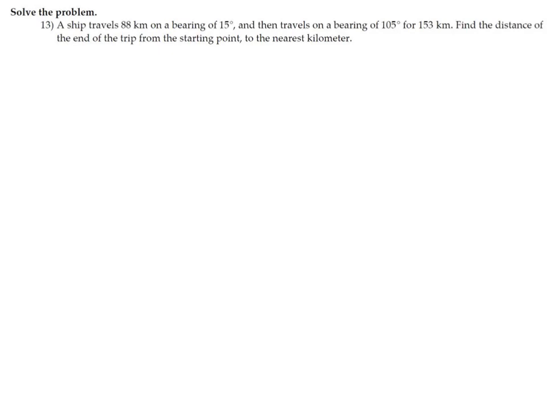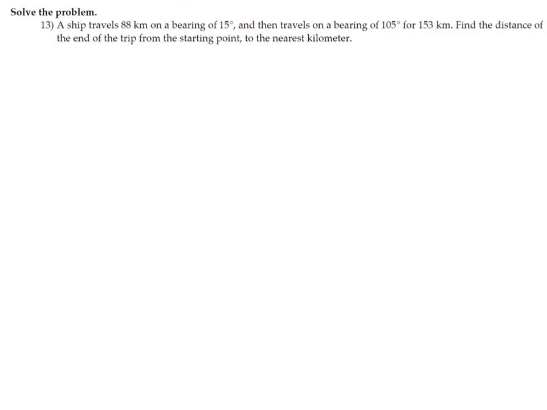Solve the problem. A ship travels 88 kilometers on a bearing of 15 degrees and then travels on a bearing of 105 degrees for 153 kilometers. Find the distance of the end of the trip from the starting point to the nearest kilometer. Now this is a little bit different bearing problem. Some books cover this, some do not.